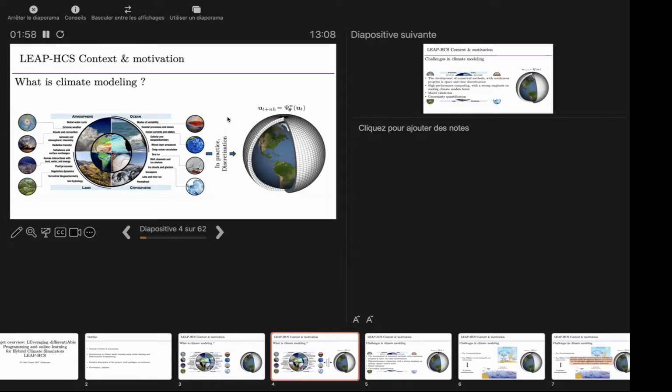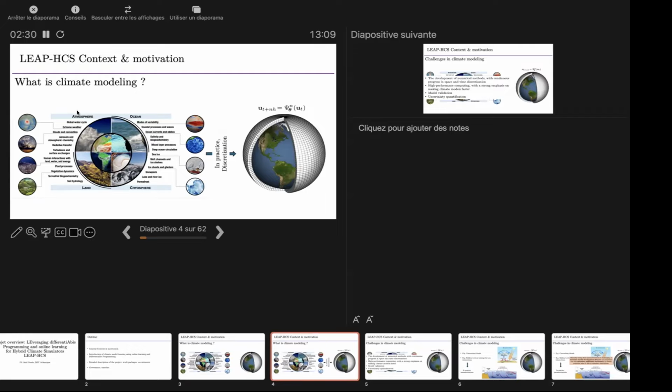For example, in an atmospheric component of a climate model, the state of the system, represented here as U_t, can be seen as a collection of environmental variables, things like temperature, wind speed, or humidity at each of these grid locations. And the time stepping function, or the time evolution function, represented here as psi, is derived from laws of thermodynamics and fluid dynamics.